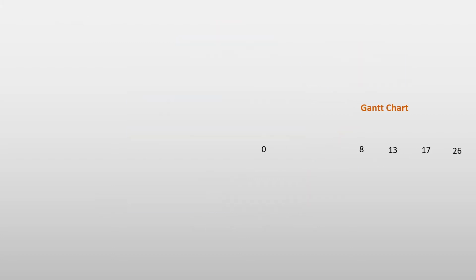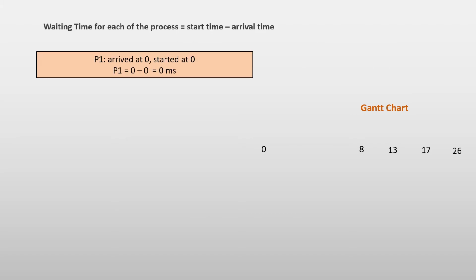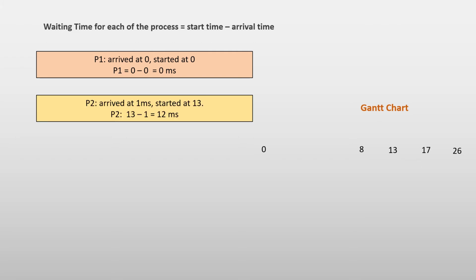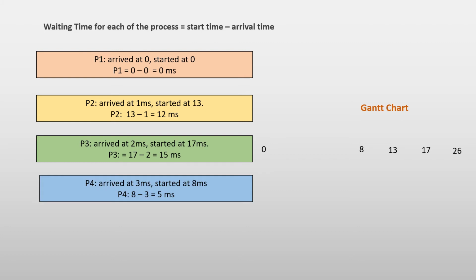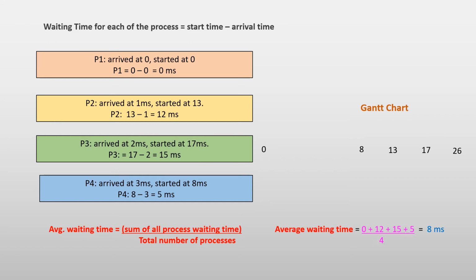So let's calculate the average waiting time. Here, start time minus arrival time are the only two to be considered. So P1, P2, P3, P4 are the four processes, and their arrival times are here.